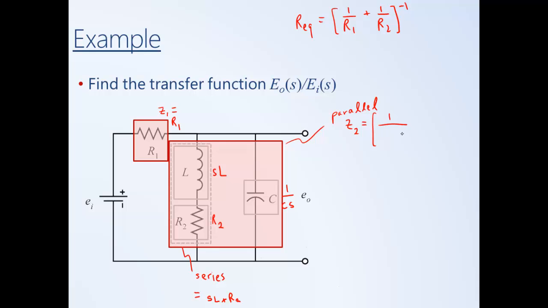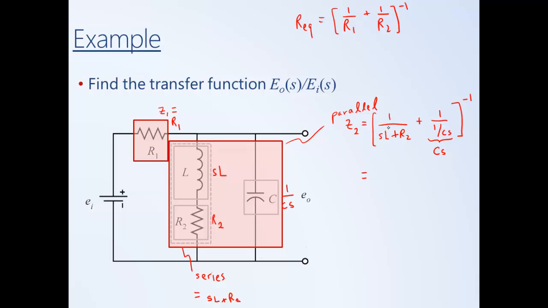We'll have 1 over the impedance of the first branch, which is those components in series, sL plus R2. Then we'll add that to the inverse of the impedance of the capacitor, the other branch, whose impedance is 1 over CS. And then that total is also inverted. If we're dividing by a fraction, you may remember that that's the same as multiplying by its reciprocal. So the reciprocal of 1 over CS is CS.